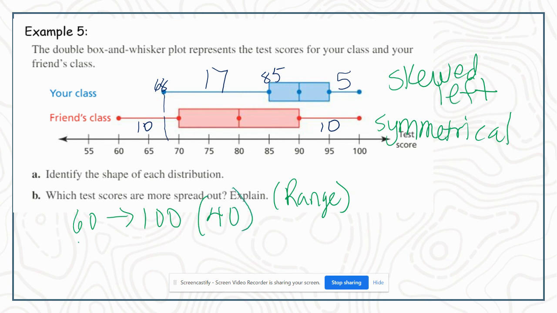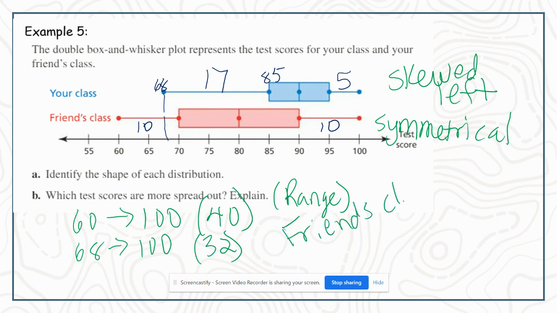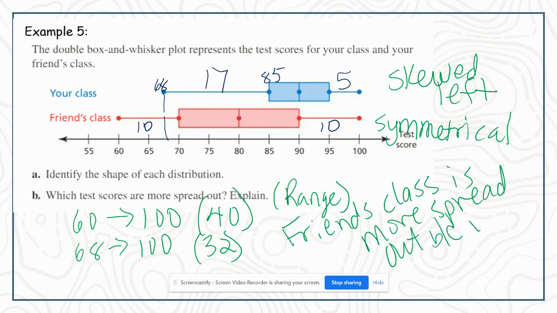And our class goes from about 68 to 100, which is 32. So the friend's class is more spread out because the range is larger.